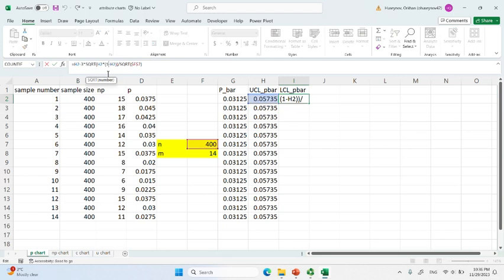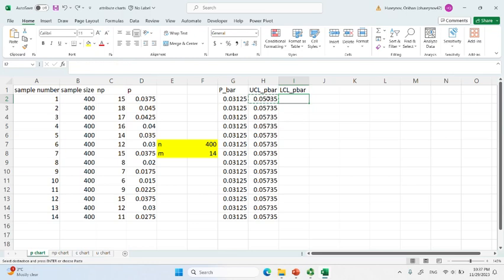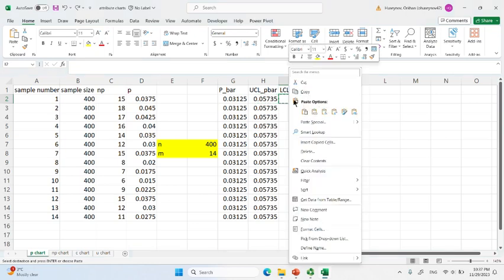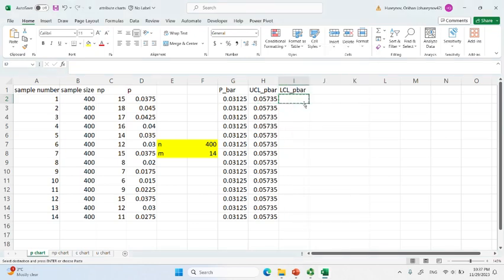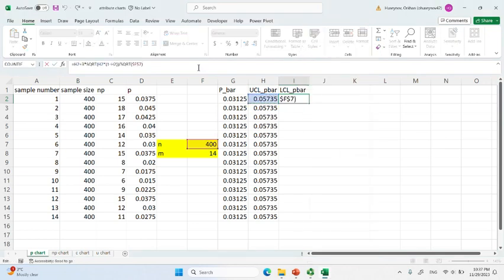Okay, and then let me correct everything. Now it takes the H2 values. Let me correct it and then paste it as a function. So it takes this value, and then it should be the first one.